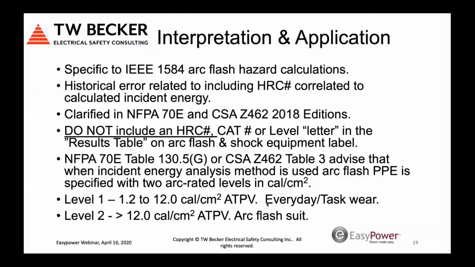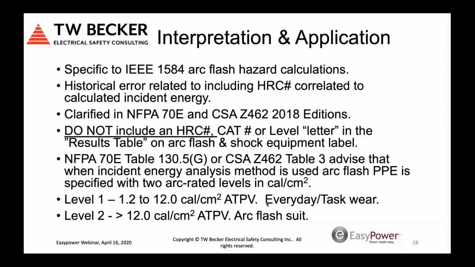And tables were added in the 2018 edition in 70E Table 130.5(G) and in CSA Z462 Table 3 that advise, when the incident energy analysis method of determining additional protective measures has been completed, that there are two arc rated levels. There'll be a level 1, 1.2 to 12.0 calories per centimeter squared arc thermal performance value, everyday task wear clothing, and then an arc rated level 2, which would be greater than 12 calories per centimeter squared arc thermal performance value, and that would be an arc flash suit, right?